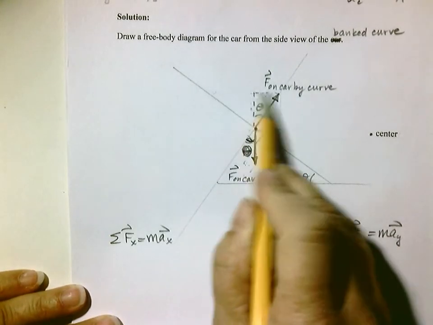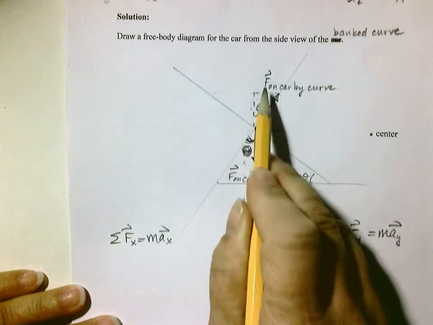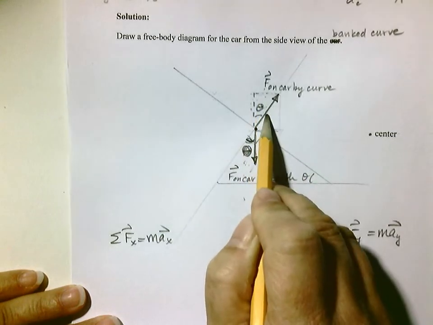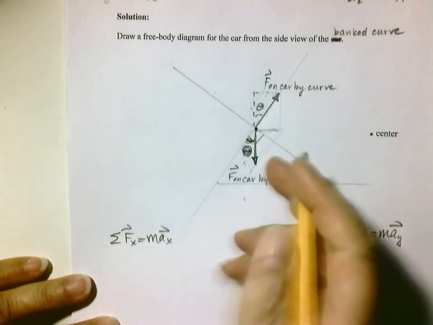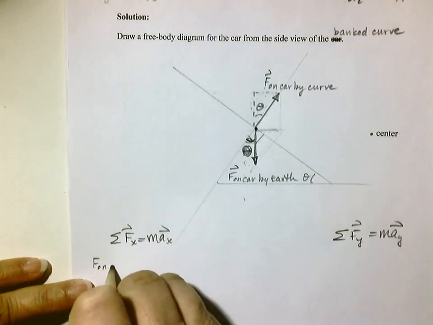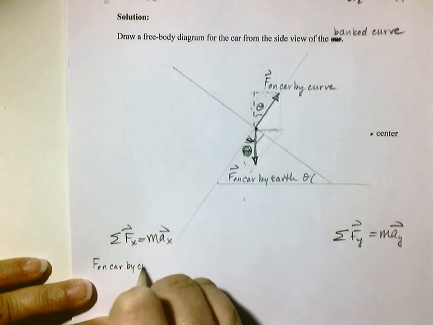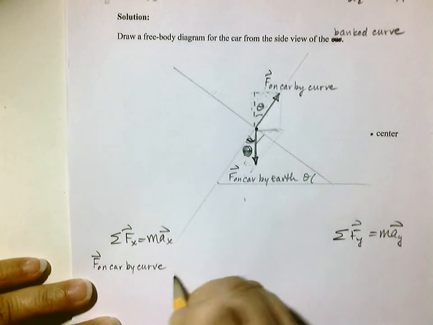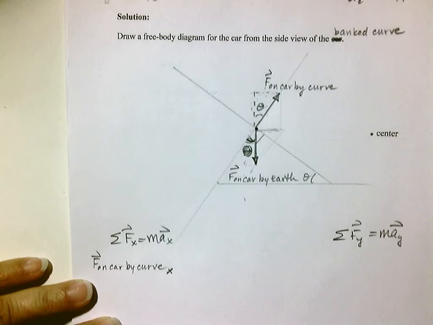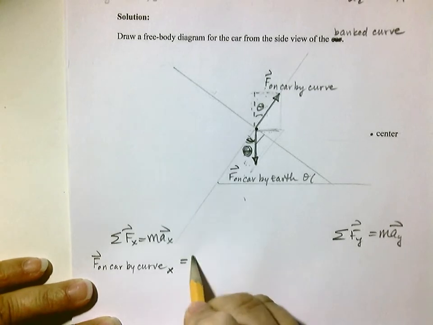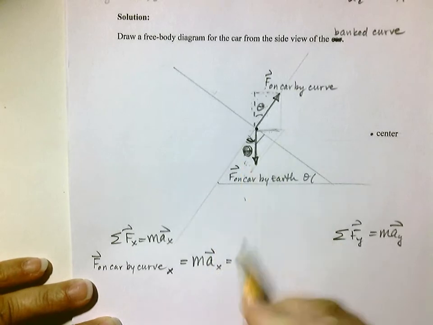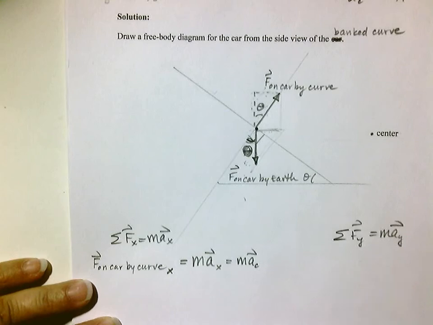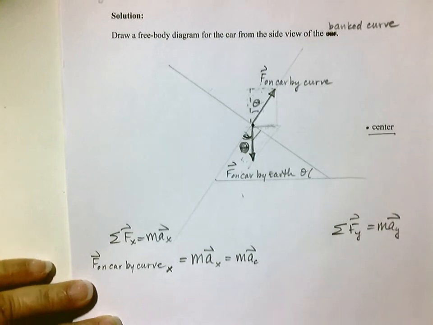This is the x component of the normal force, and that's going to be opposite over the hypotenuse, so that's going to be sine theta once I get to that point. So I have the force on the car by the curve, with subscript x because it's going in the x direction, and that's equal to m a_x, which is equal to m a_c because it's center-seeking. It's pointing towards the center.